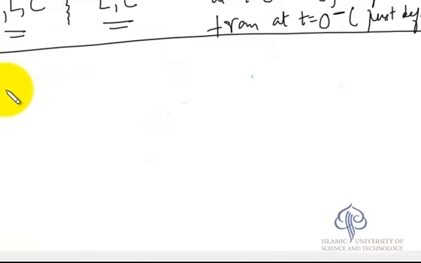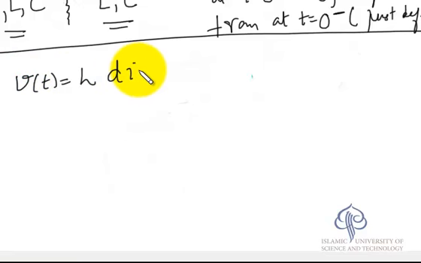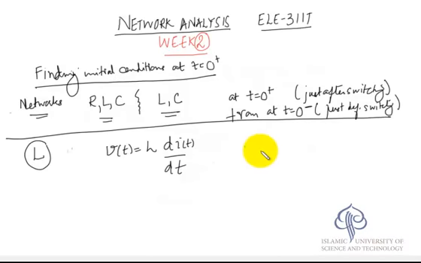We know that the governing equation for the inductor is v(t) is equal to L di(t)/dt, where i(t) is the current through the inductor and v(t) is labeled like this.